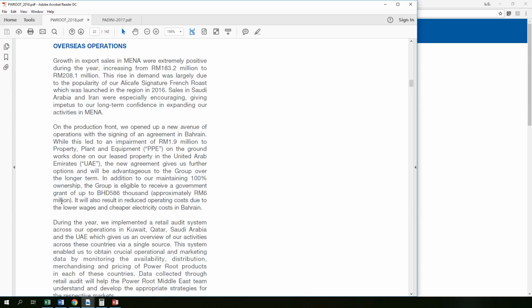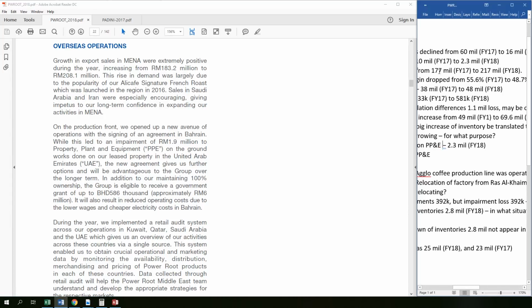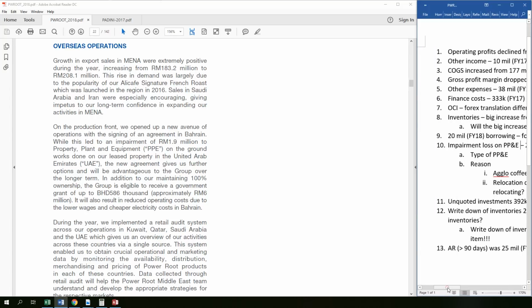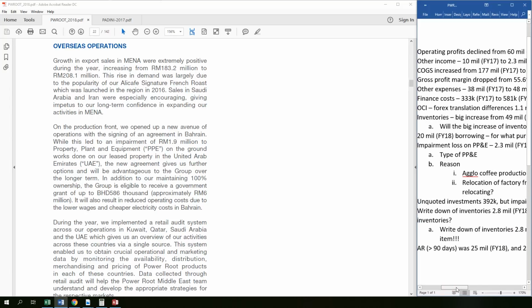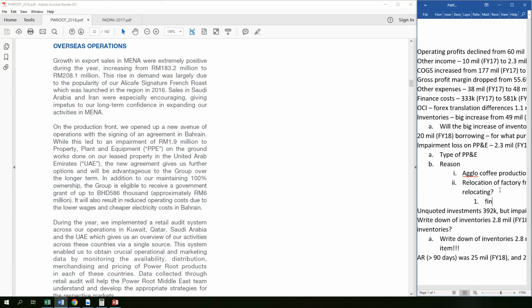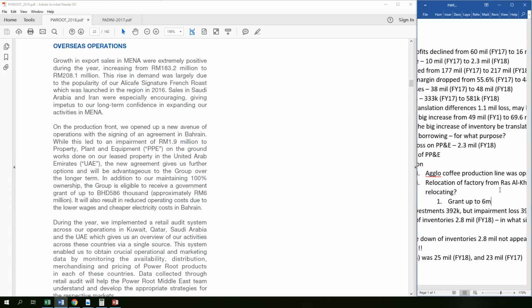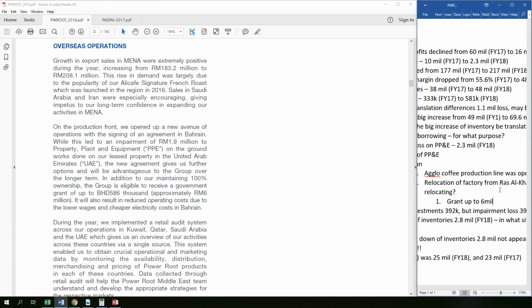Alright, so we found the reason why they move to Bahrain. So, financing, grant up to 6 million Ringgit Malaysia.